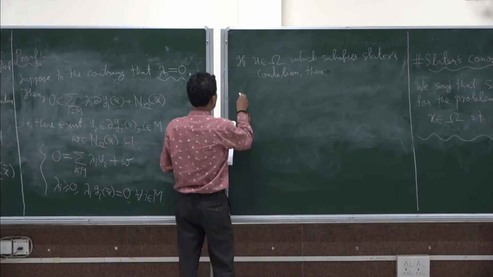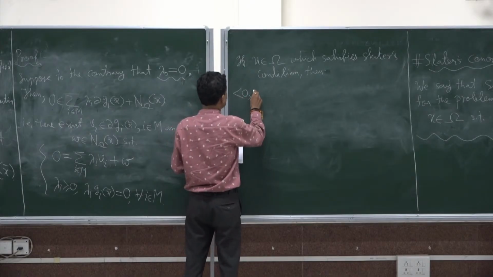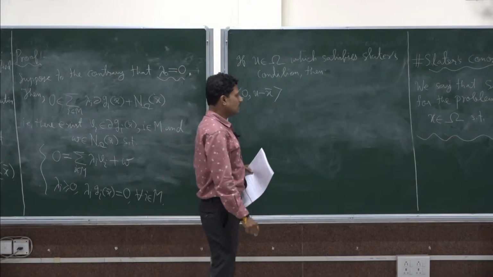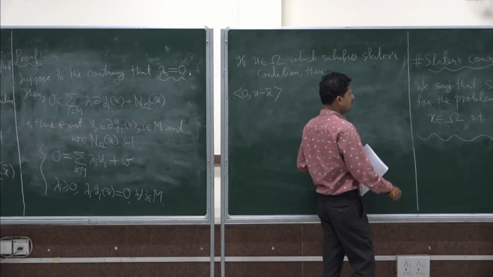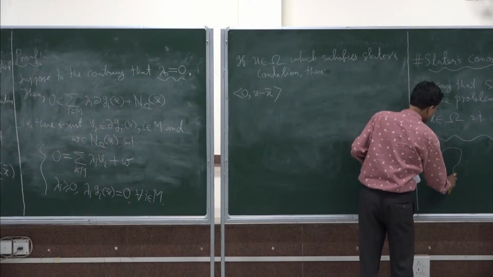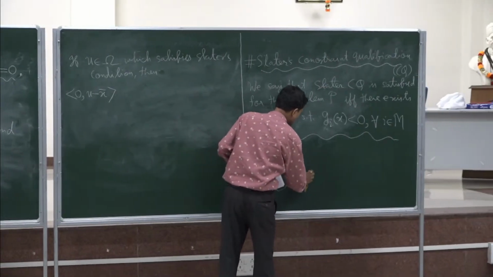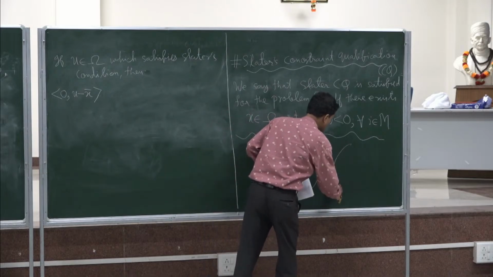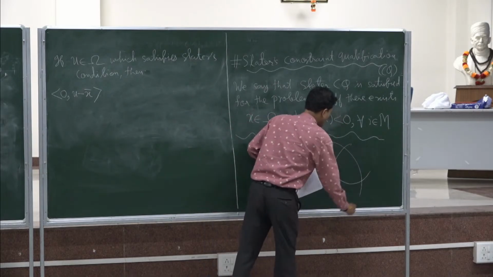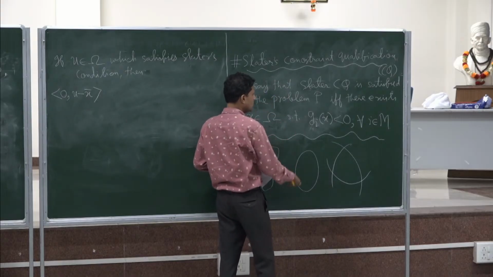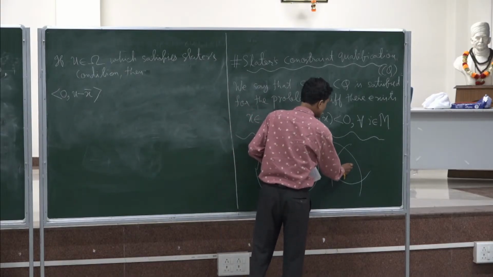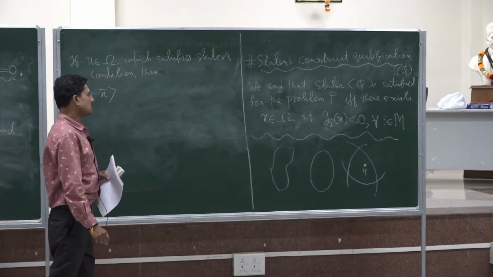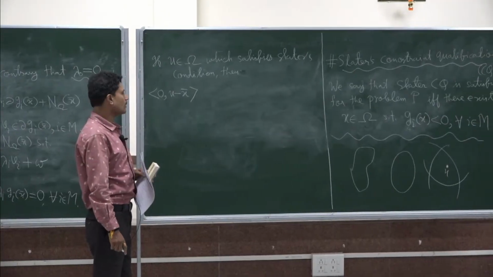we can write the inner product of 0 with u minus x bar. So in the feasible region we take a certain u, suppose this is the feasible region, or I should make a convex feasible region, like this, and then u cannot be on this boundary, so there will be some point u which will satisfy the Slater constant qualification.